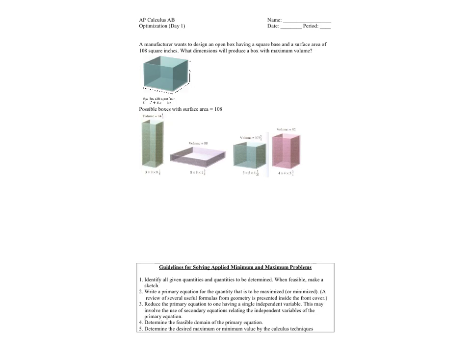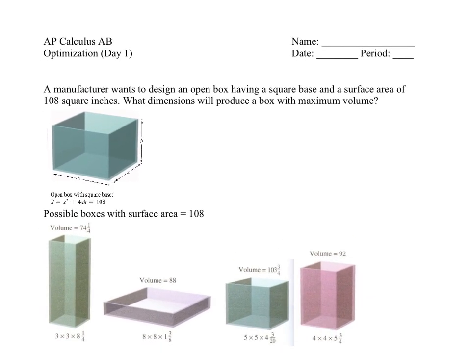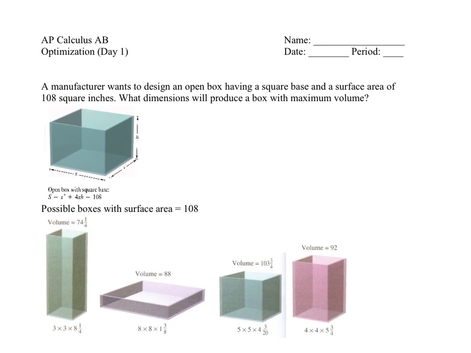All right, so what we're really doing here is we're tying real-life situations back to what we were dealing with before when we were talking about absolute and relative max and min points.